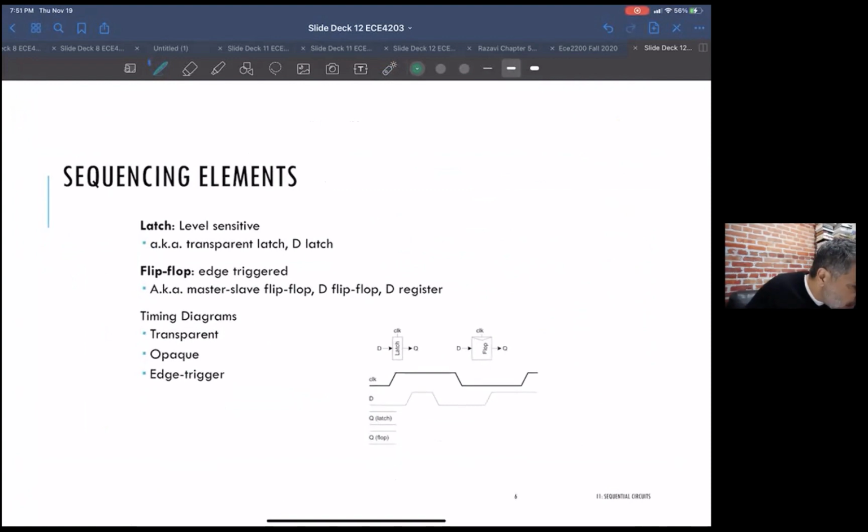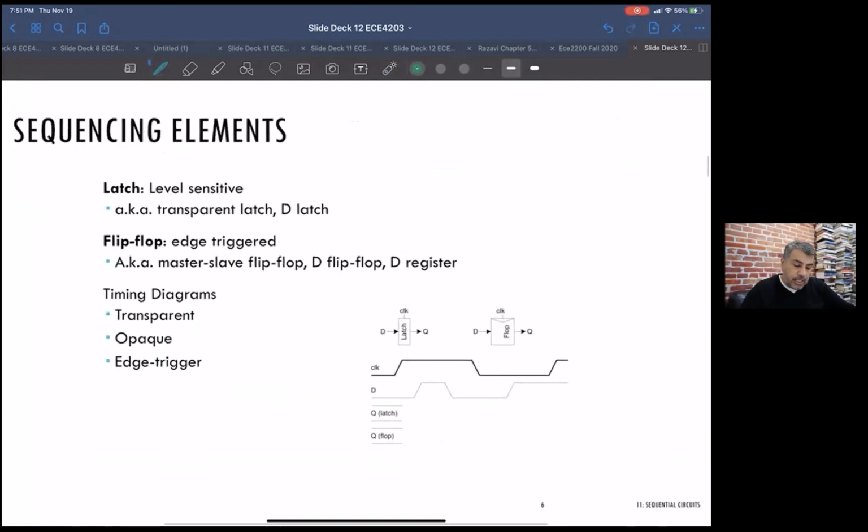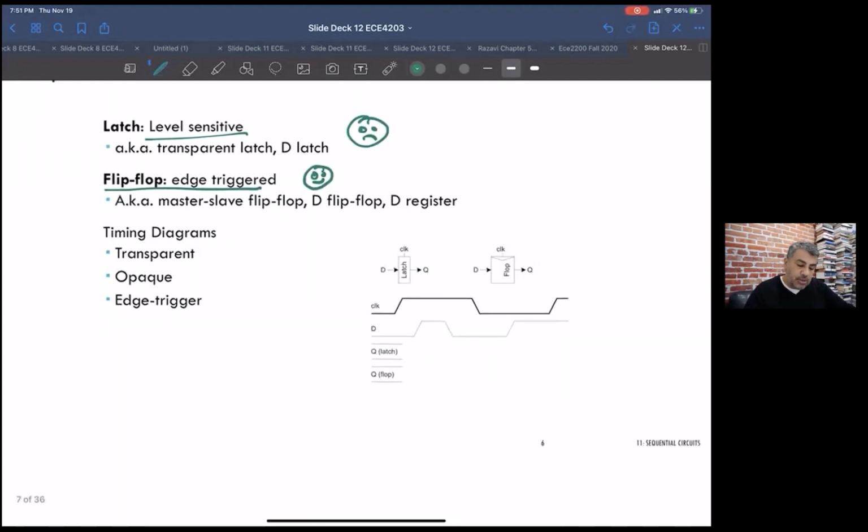Generally you have two types of sequential circuits: flip-flops that are edge triggered, put a smiley face, and latches, which you do not use, but we'll still have to talk about them, or use with enormous caution.